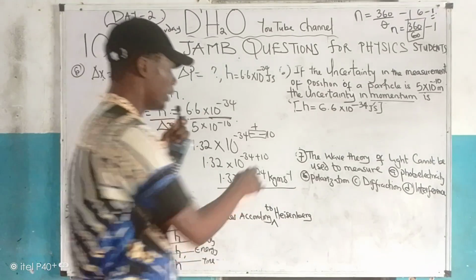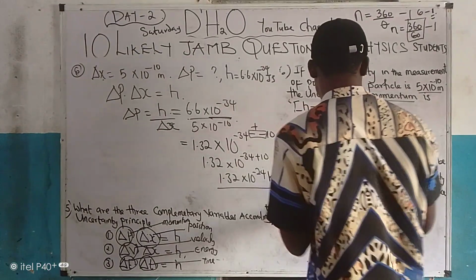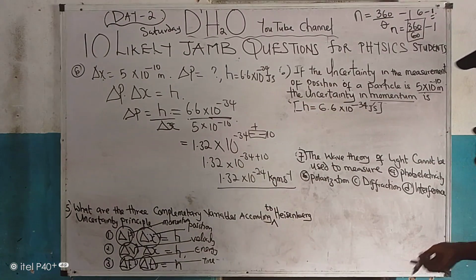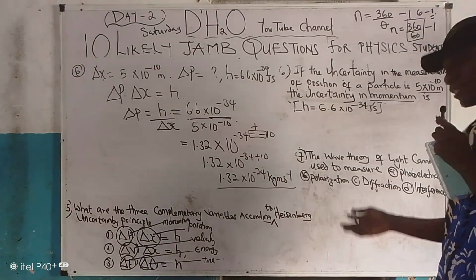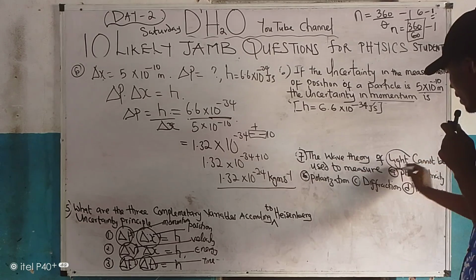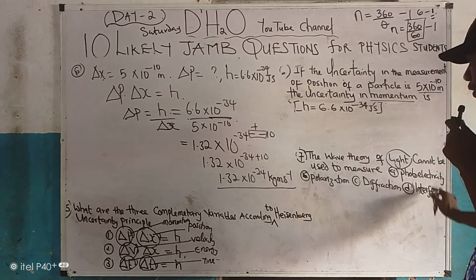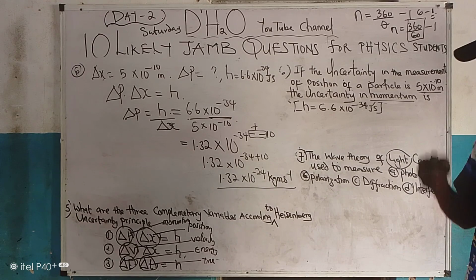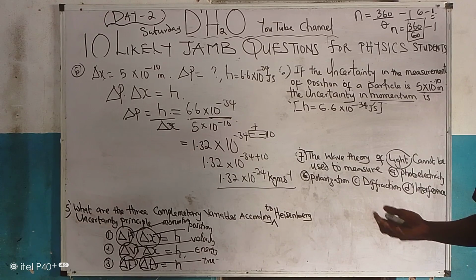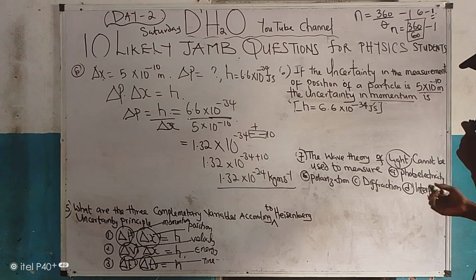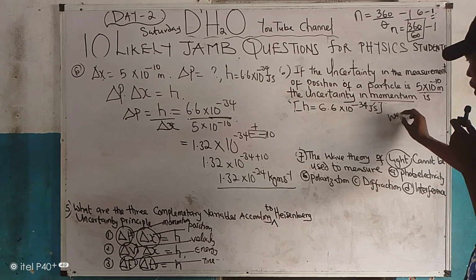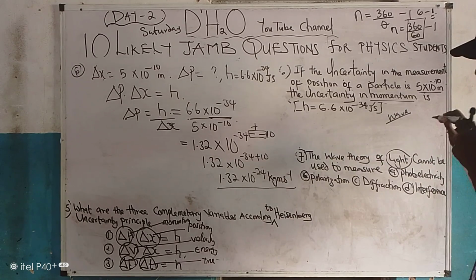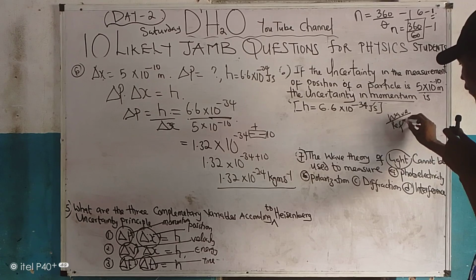Question number 7. The wave theory of light cannot be used to explain what? Remember that light can behave as a wave and can also behave as a particle. If light is behaving like a wave, it means that the light will exhibit the properties of wave. And what are the properties of wave? The properties that show that light is a wave are number 1, reflection.